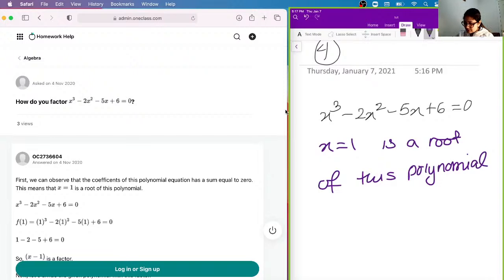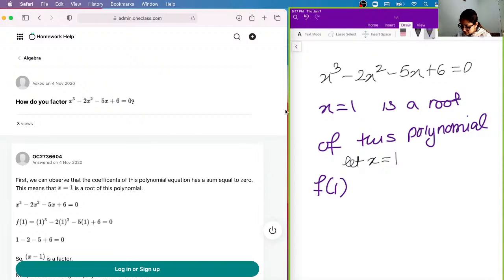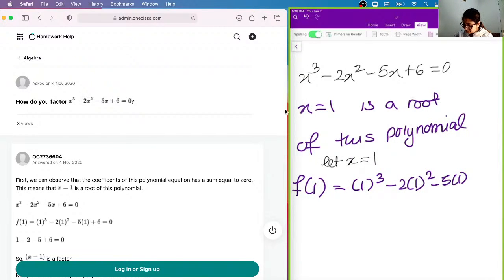And so we can check this by substituting, or letting x equal 1, into the equation. So let's say f of 1. Okay, so we have f of 1 equals 1 cubed minus 2 times 1 squared minus 5 times 1 plus 6.